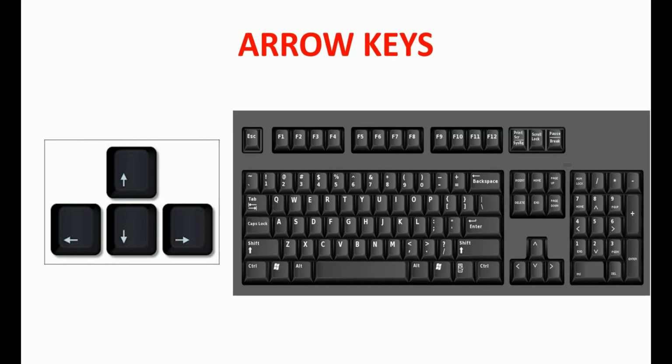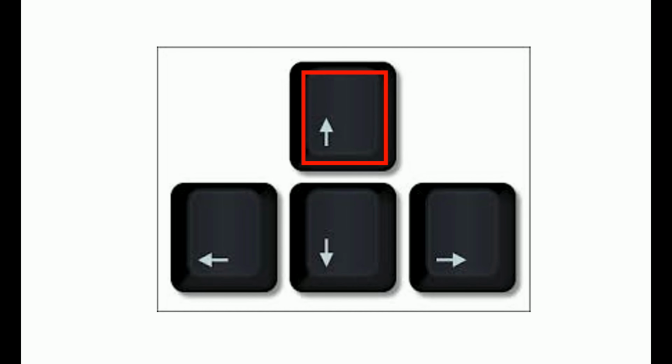Arrow keys. Arrow keys help to move the cursor on the screen. There are 4 arrow keys on the keyboard. Up arrow key is used to move the cursor up. Down arrow key is used to move the cursor down. Right arrow key is used to move the cursor right.